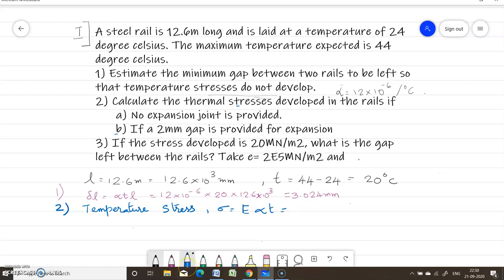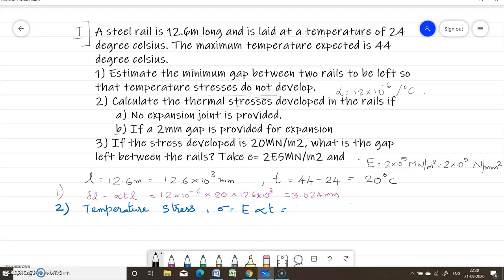It is given as Young's modulus of elasticity capital E is equal to 2 into 10 raised to 5 mega Newton per meter square, which is equal to 2 into 10 raised to 5 Newton per millimeter square.